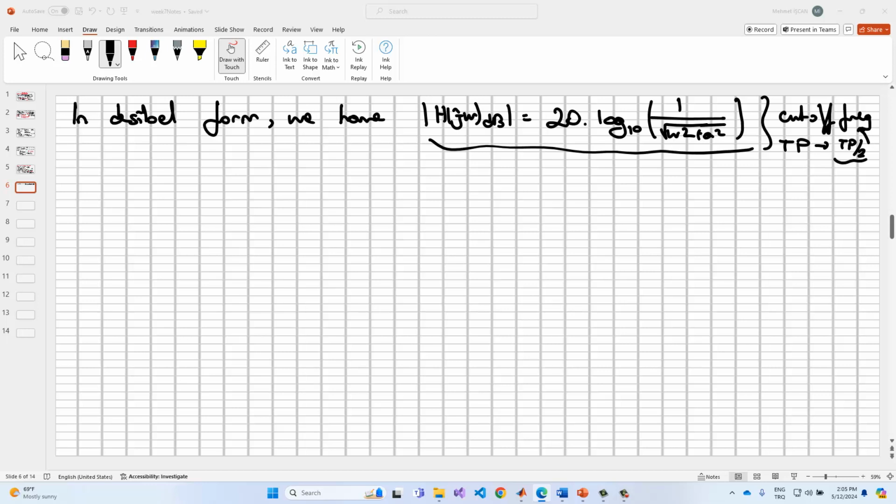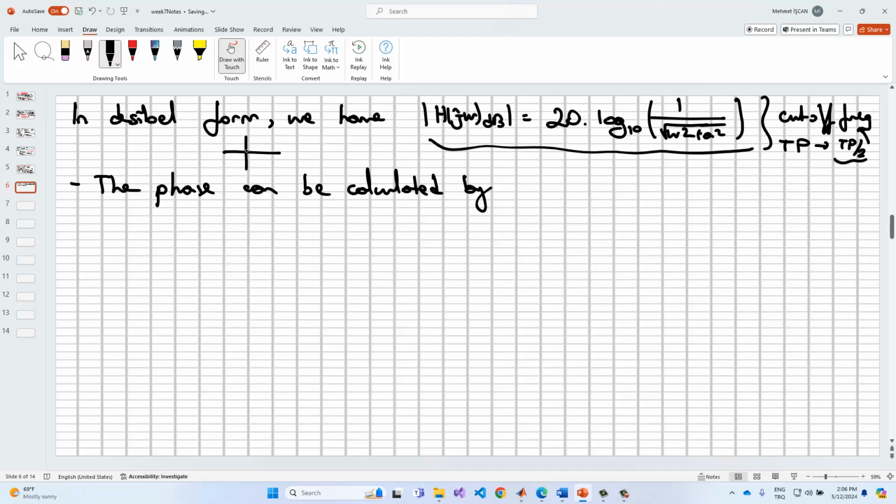Okay, so in the second place we have the phase, and it's calculated as follows. Just remember this is the S-plane, and so we have the real part, and this angle can be considered as the theta or phi value.